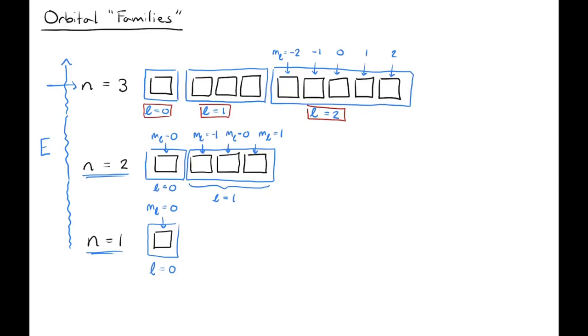And the letters that we're going to use for L equals 0 here, which is an option for all three of these energy levels, right? We have a subgroup on each of these energy levels so far where L equals 0.